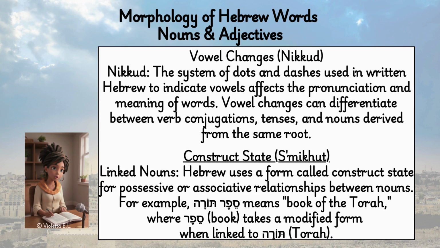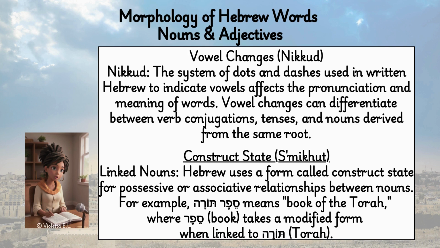Vowel changes or nikud. Nikud, the system of dots and dashes used in written Hebrew to indicate vowels, affects the pronunciation and meanings of words. Vowel changes can differentiate between verb conjugations, tenses, and nouns derived from the same root.